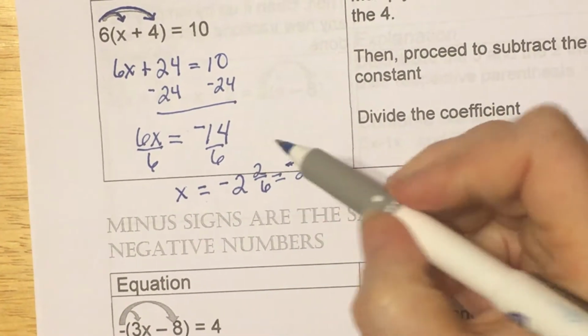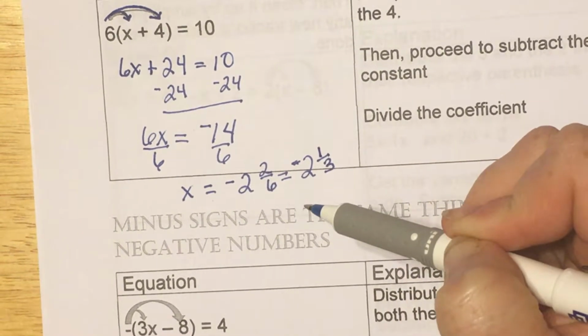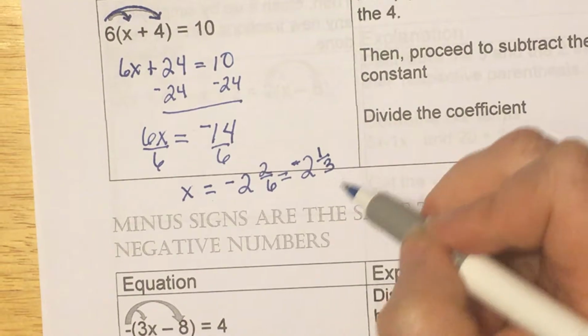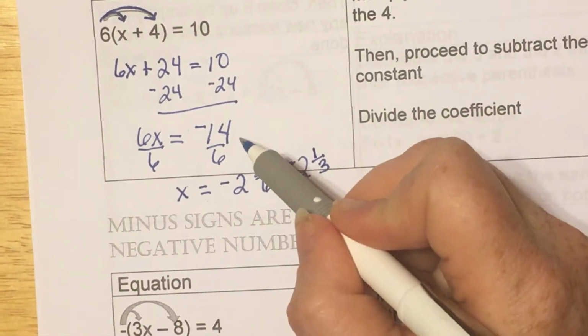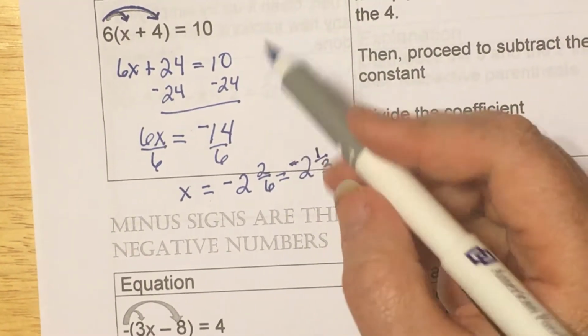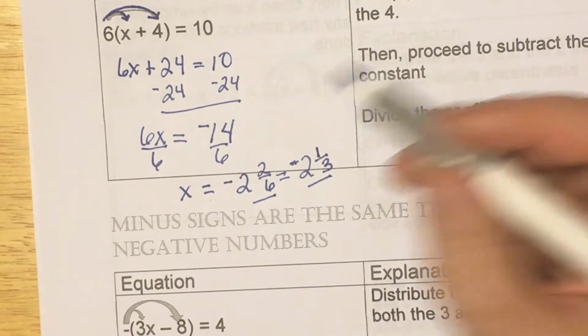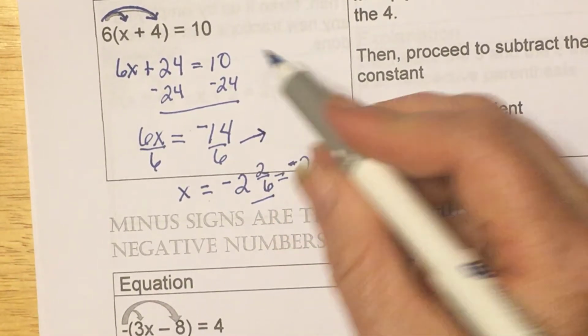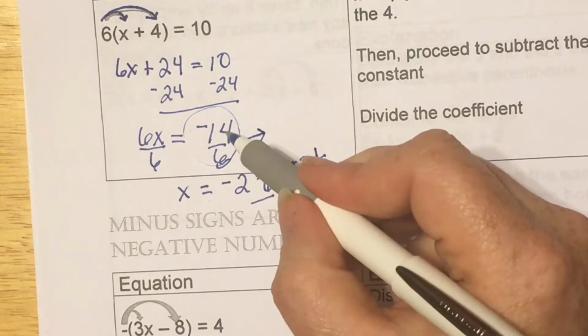Now, I know some of you are going to say, can't I just say negative 2.3 repeating? No, because that's not an exact answer. In fact, a lot of your standardized tests will have, instead of mixed numbers as answers like you have here, they will even take this fraction part, this negative 14 over 6, and just reduce it.